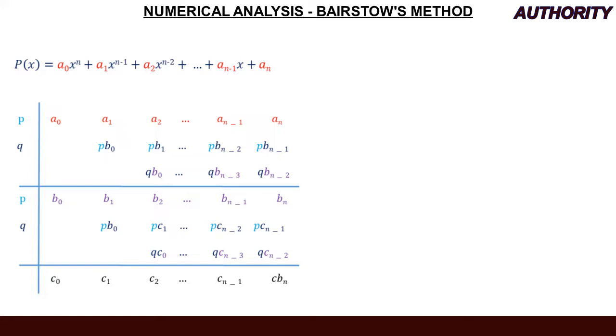When you say P of x divided by any polynomial, let's say of degree 1, your result is going to be reduced by degree 1, and then we say the result is Q of x.